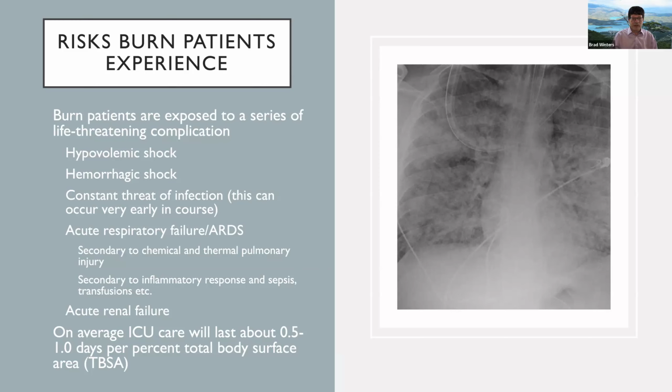These patients often need many transfusions, particularly if they have hemorrhagic shock. And these can all trigger things like respiratory failure and acute respiratory distress syndrome. The other thing that tends to drive hemorrhagic shock, even if the patient doesn't have an initial injury that leads to hemorrhage, is the surgical wound management.